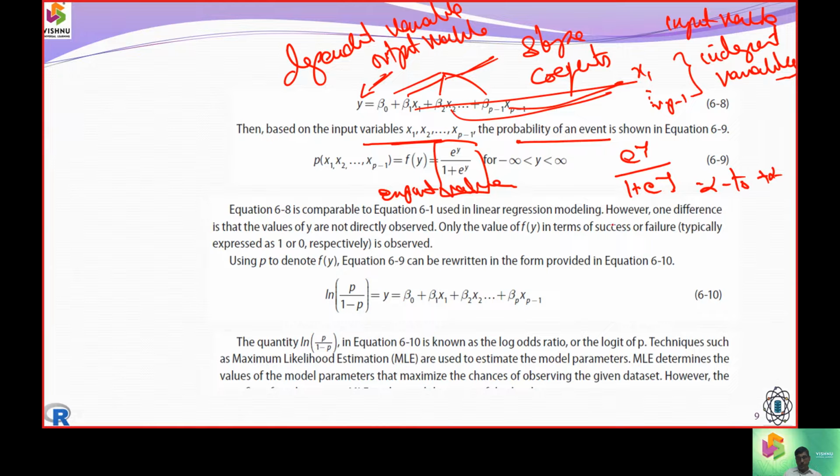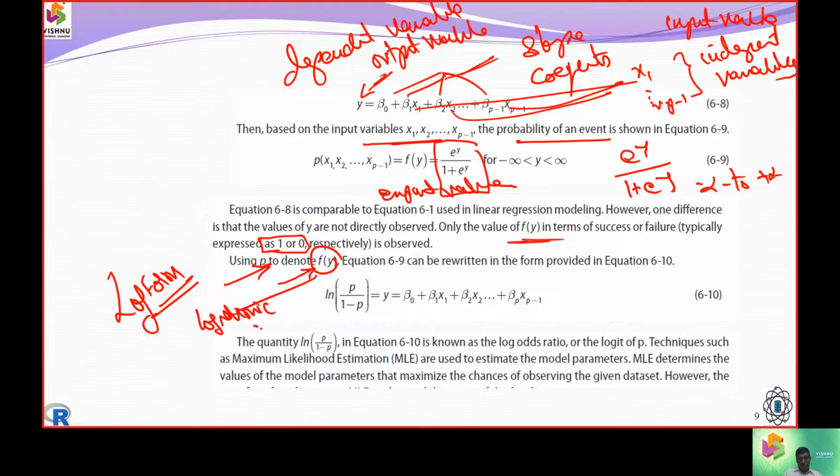The success or failure will be expressed between 1 and 0 itself. And second, the value of P will be represented in log form, in a logarithmic value.